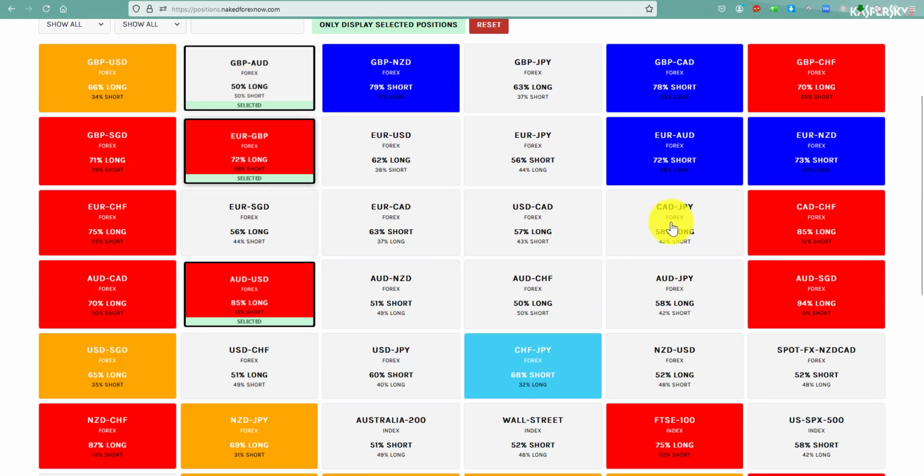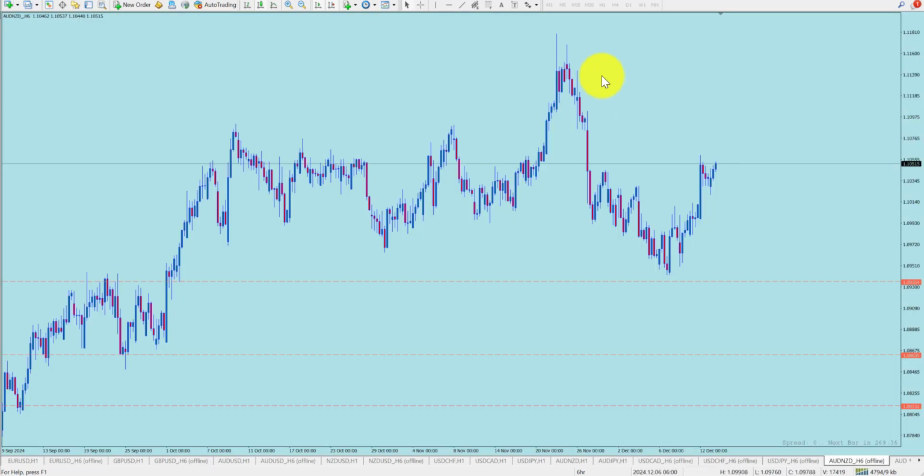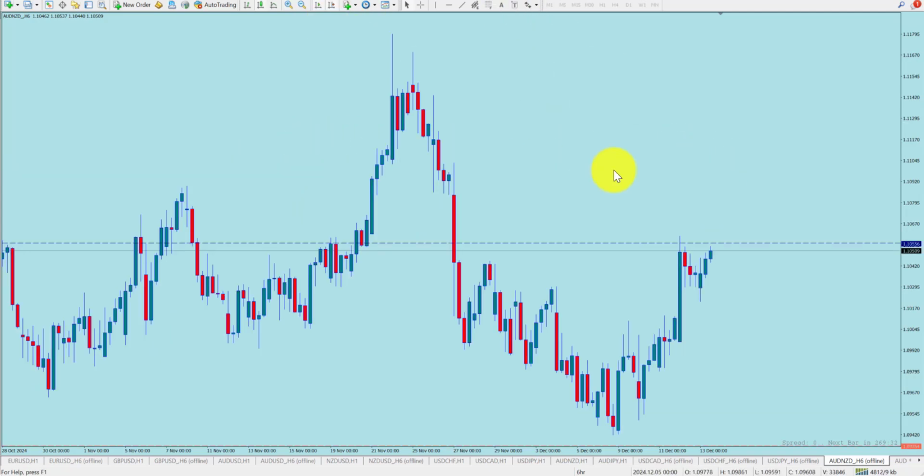Let's go to the Aussie Kiwi. Okay, if the Aussie Kiwi is 51%, then I would just be looking for the markets to bounce off support resistance. I wouldn't be looking for any trending moves or any breakouts. In other words, on the Aussie Kiwi, I would be on alert for a double top here. I'm not expecting the Aussie Kiwi to rip through this and go all the way up here.